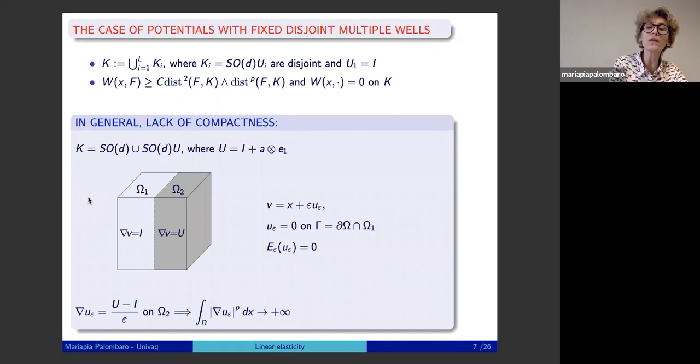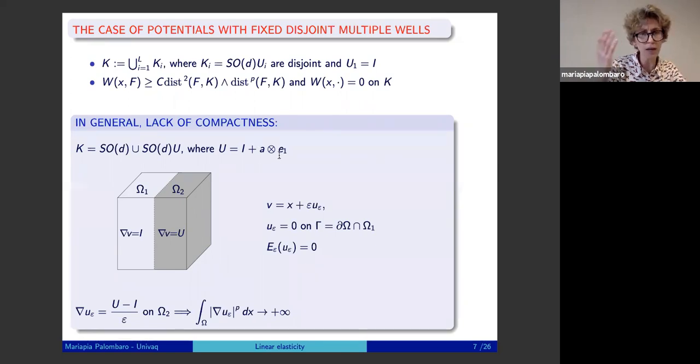So in general, there is lack of compactness for the displacement. And here there is a simple counterexample that one can construct. K is the union of these two wells, the rotations, and rotations times U, where U is the identity matrix plus a rank 1 matrix.